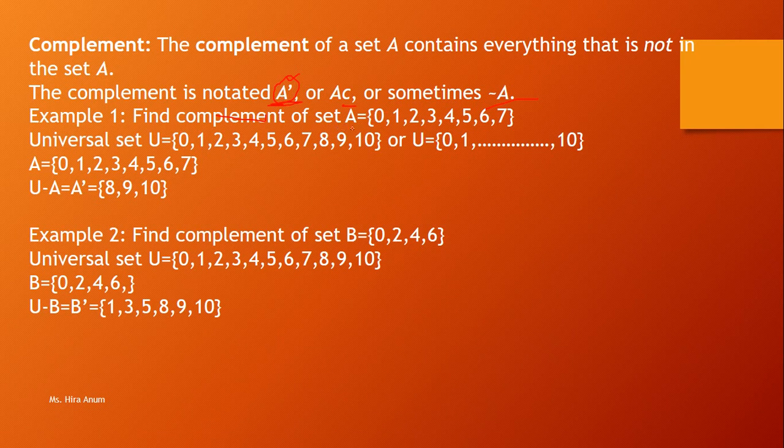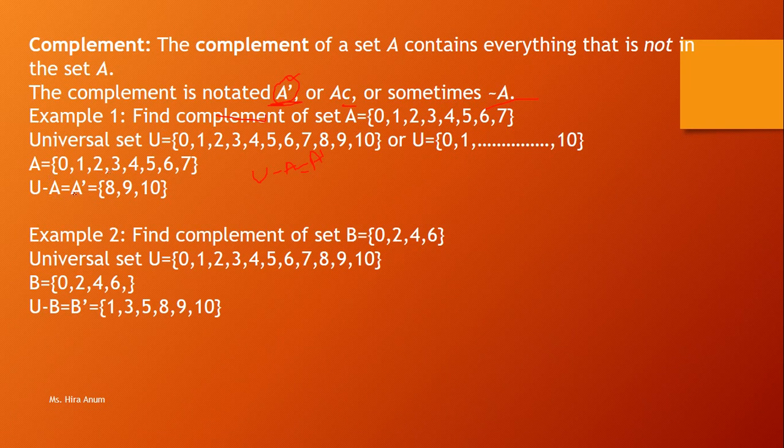Find the complement of set A. A is 0, 1, 2, 3, 4, 5, 6, 7. You have the universal set. You find the difference between universal set minus A. This is the complement of A. So A is this and U is this.